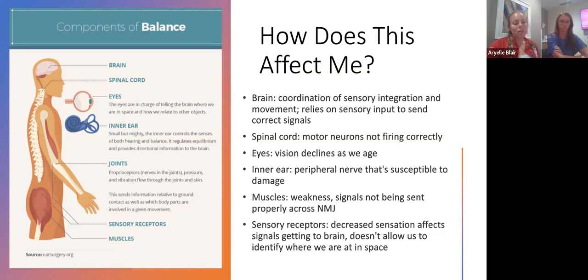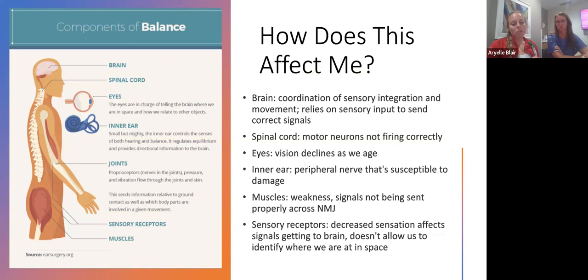In our ear, with peripheral neuropathy, we also see an effect on the inner ear nerves, so one of those three key systems might not work as properly. With muscles, we see weakness in different neuromuscular diseases. Signals aren't being sent properly across a neuromuscular junction.